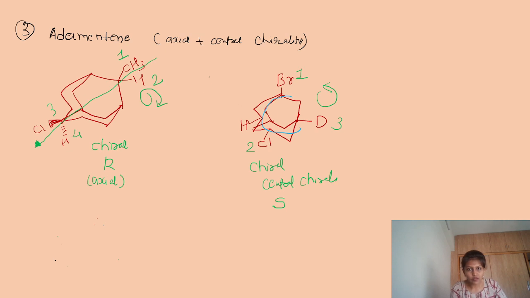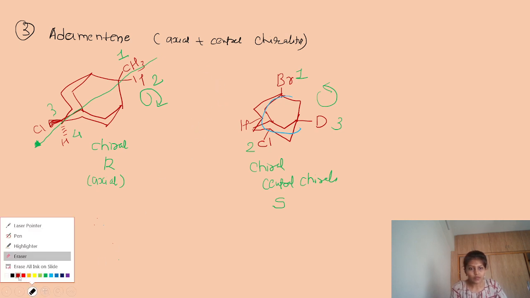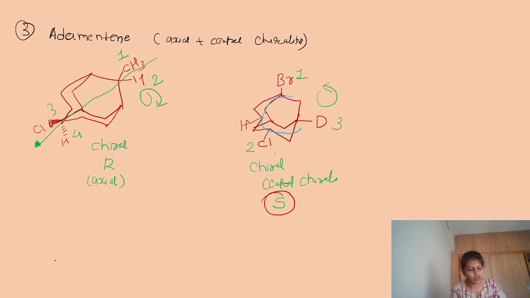If hydrogen is like this, then it is above the plane, and if hydrogen is like this, then it is below the plane, right? So suppose I have drawn hydrogen like this, so it is below the plane. Then S becomes S and R becomes R. So here it is the S configuration. So this molecule is chiral and has S configuration, right?